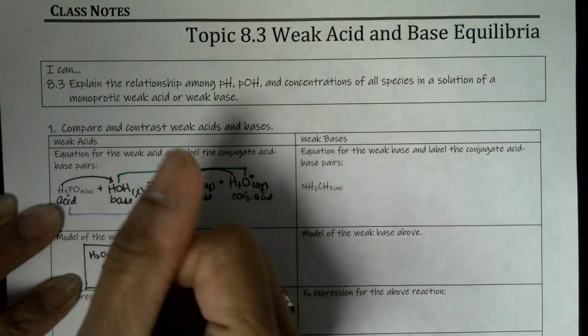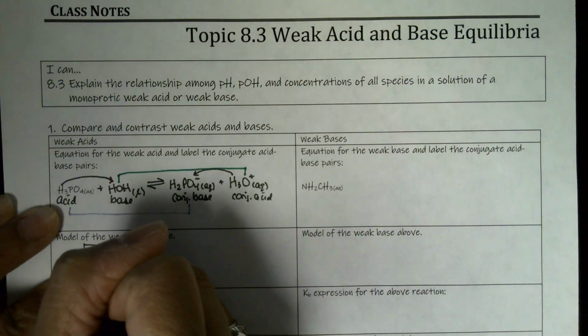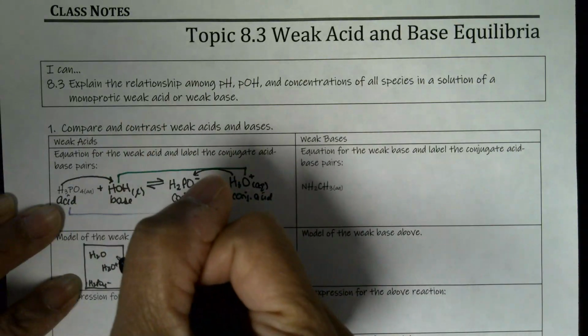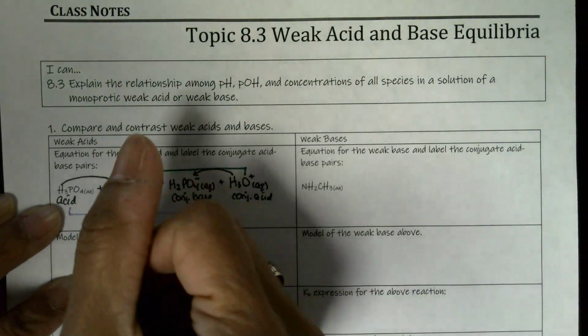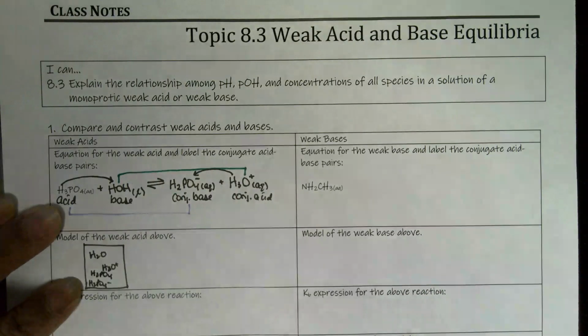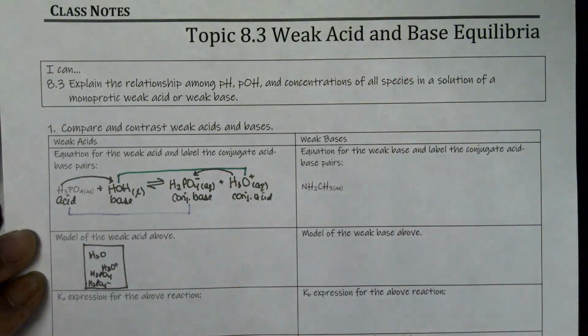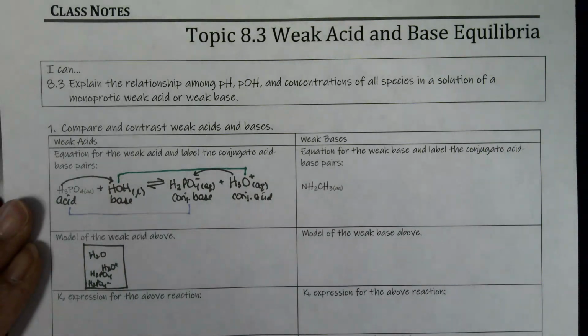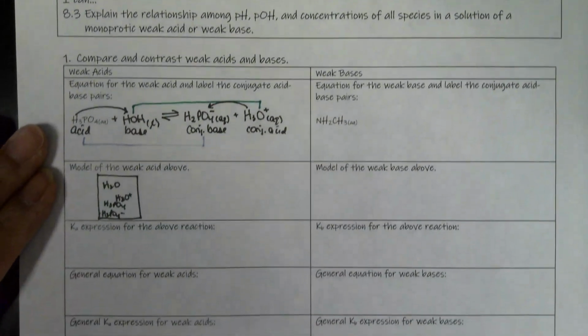It has some H2PO4 minus, and it also has H3PO4, which I have to squeeze in here. So it has all of those things in that beaker. Whereas if we had a strong acid, strong base, it would just have the leftovers, which would be like H plus and Cl minus if we're dealing with HCl.